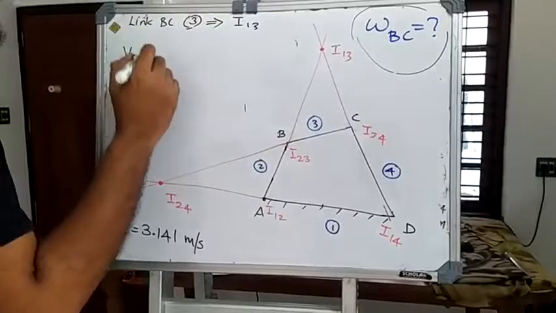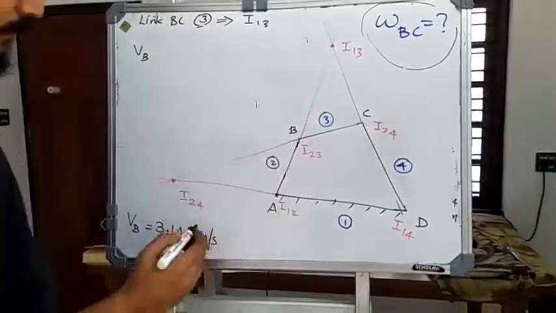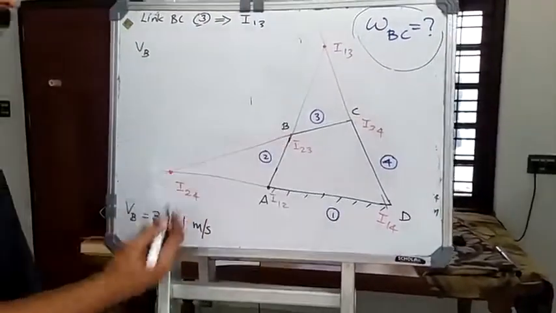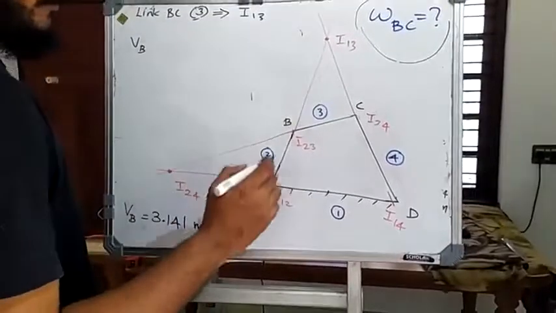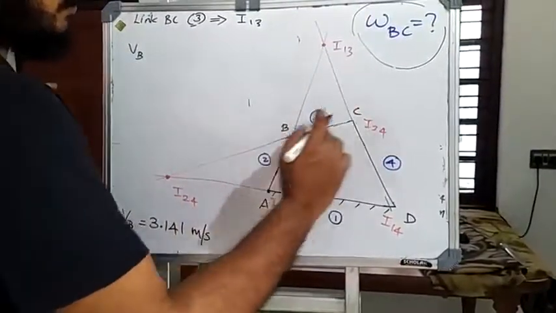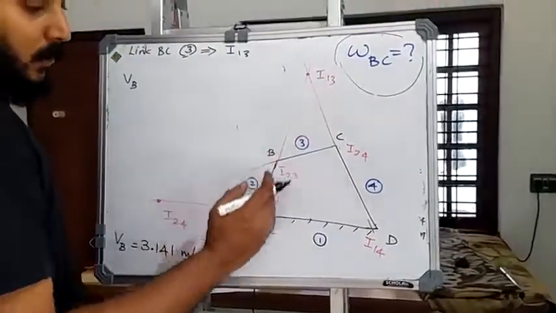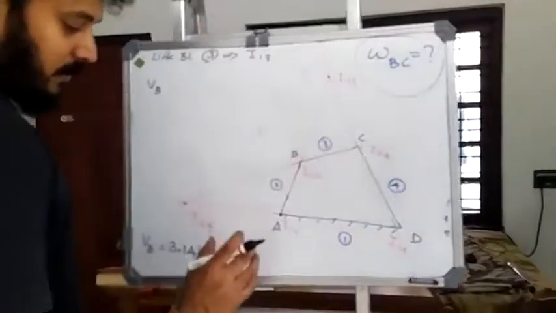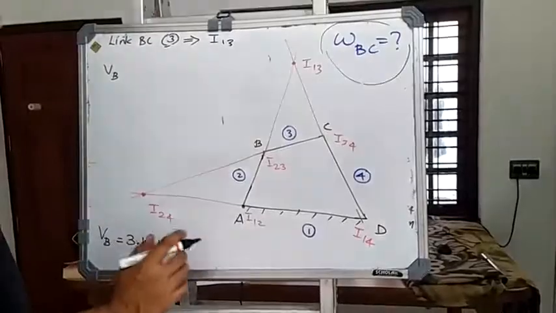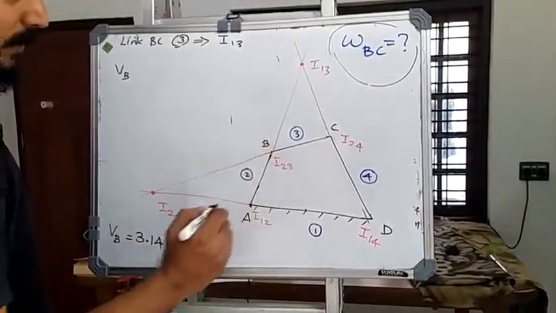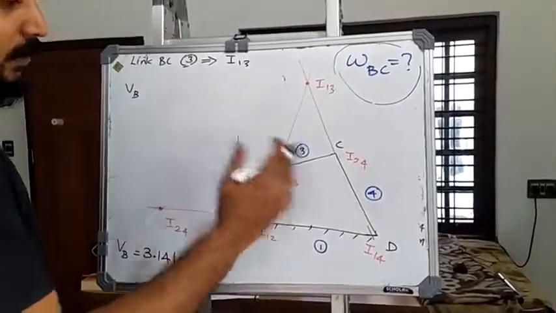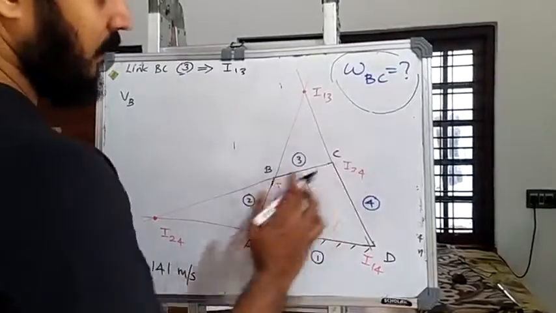velocity of B. Now, we have found out already the linear velocity of point B. Now when you consider the point B, B is a point that comes on the link BC also. We have found out VB is equal to 3.14 meter per second by considering B as a point on AB. Now B is a common point and can be represented on the link BC also.